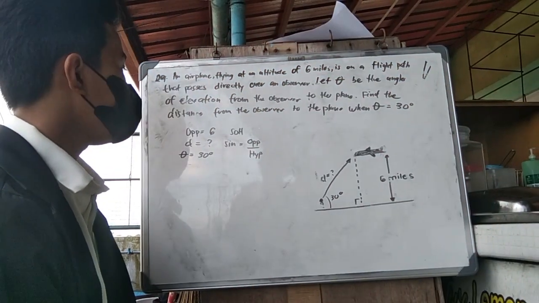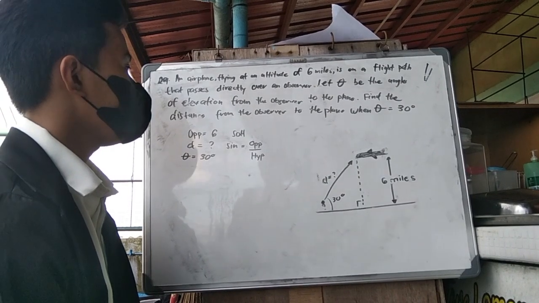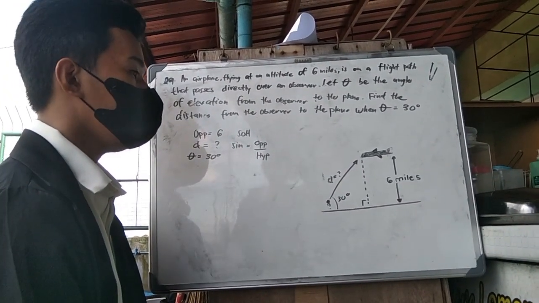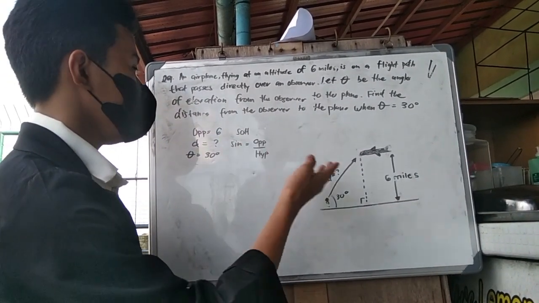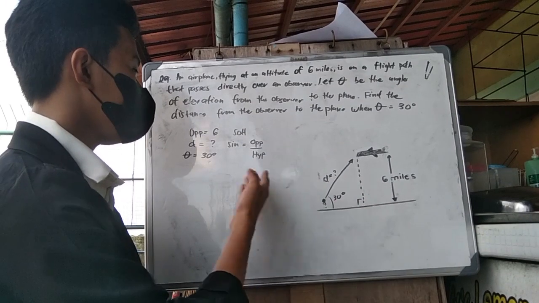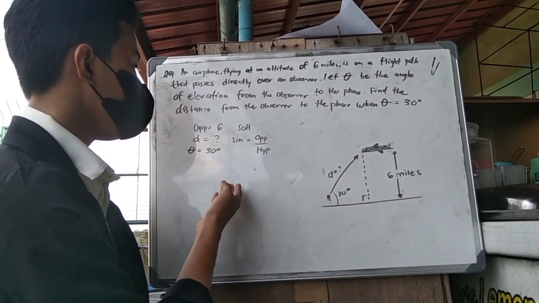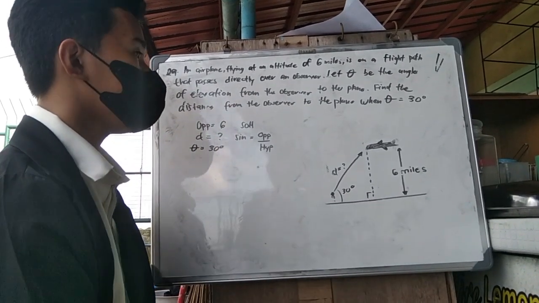In this problem, I am tasked to find the distance from the observer to the plane. So first, we need to find the given, which is the opposite, 6 miles, the distance, which is missing, and the angle of elevation, or theta, which is equal to 30 degrees.